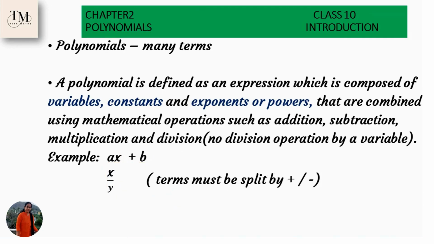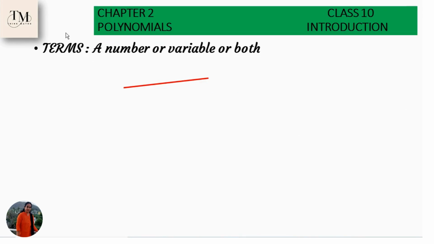Next we are going to see what are terms, variables, constants, powers. Their definitions are to be followed. So terms. What do you mean by terms? A term is nothing but a number or variable or both.